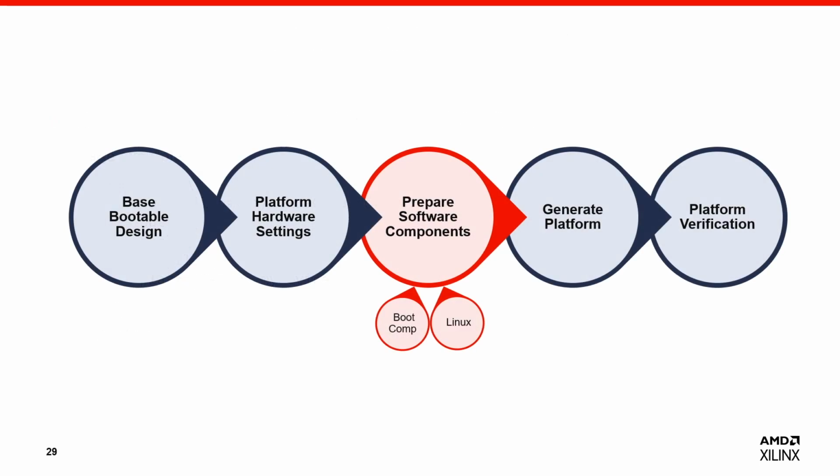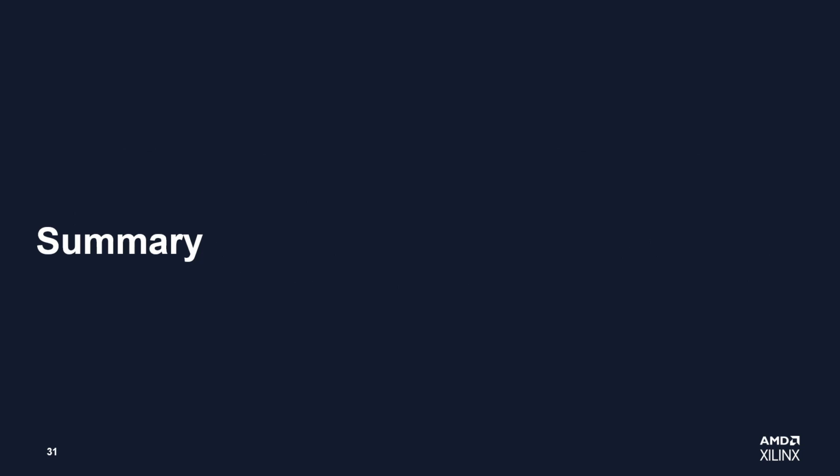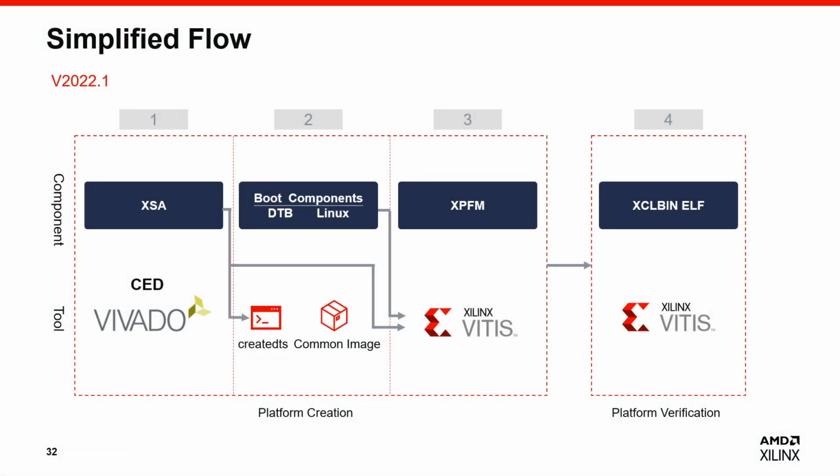In a word, in 2021.2 you needed to prepare a PetaLinux tool and build all the software components with PetaLinux. Now, what you need is to utilize the createdts command to generate the device tree file. Other boot components and the Linux image are ready for use. In summary, this is a simplified creation flow.